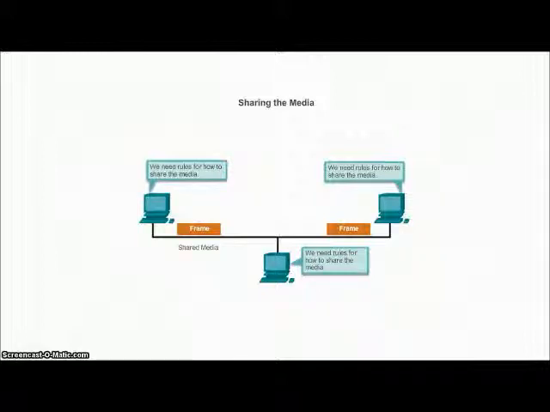There are different ways to regulate placing frames onto the media. The protocols of the data link layer define the rules for access to different media. Some media access control methods use highly controlled processes to ensure that frames are safely placed on the media.